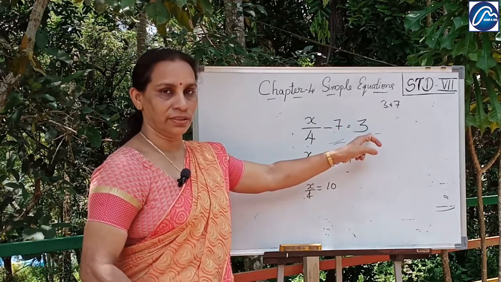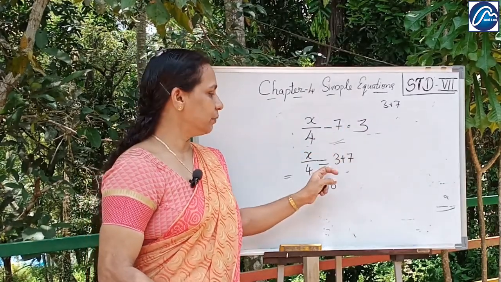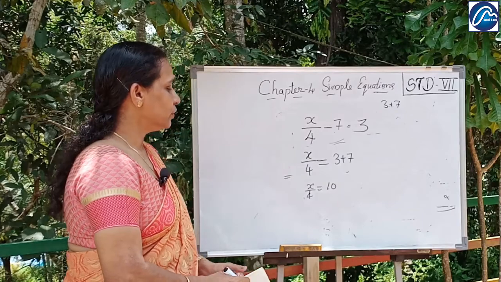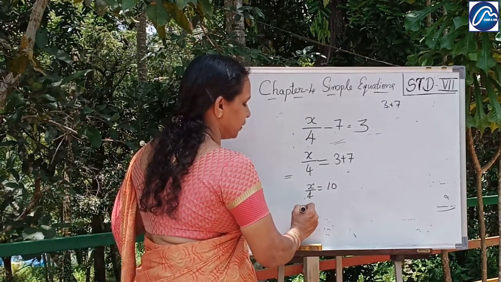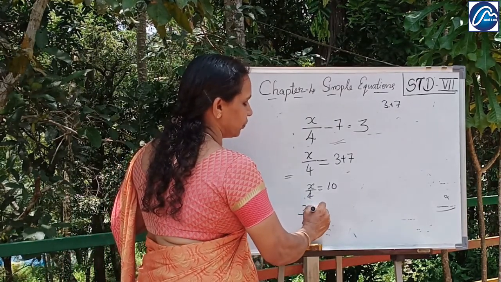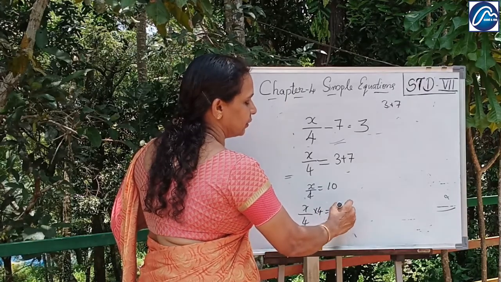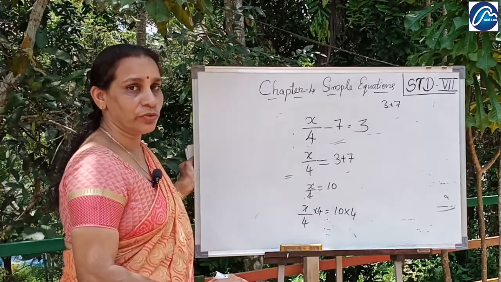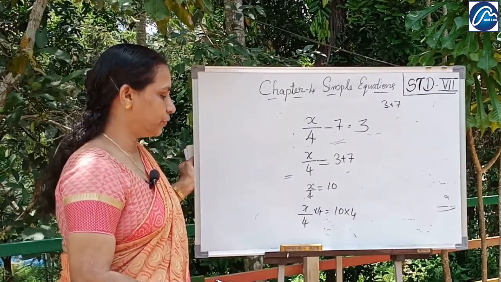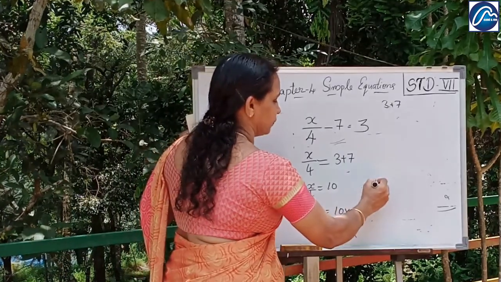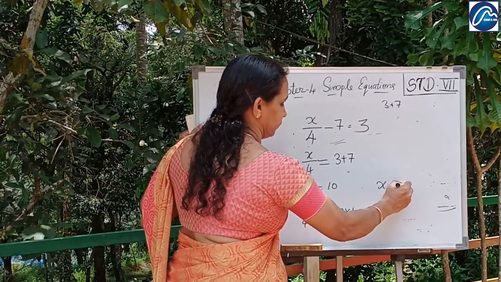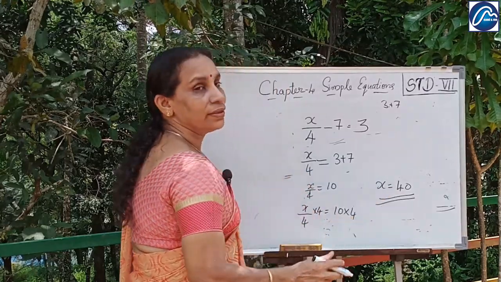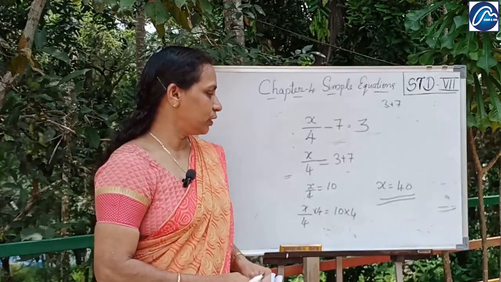We are taking 7 to the other side, and 3 plus 7 is 10. So x by 4 into 4 is equal to 10 into 4. That is x is equal to 40.